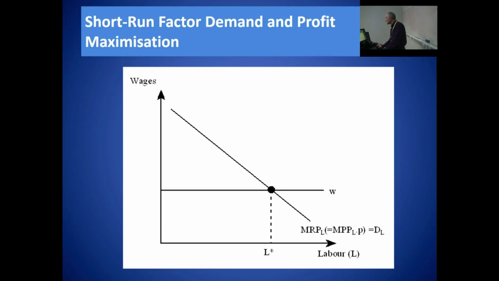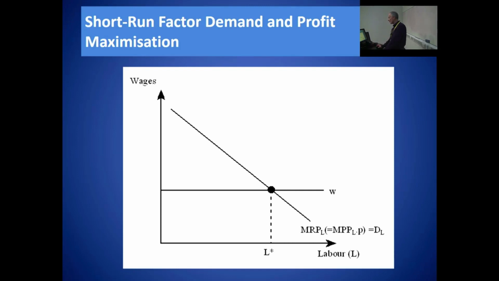And that is exactly what we've got in this diagram. Anywhere to the left of L star, the wage rate, that is what it costs to employ a worker, is less than the marginal revenue product, the value of output that worker can produce.